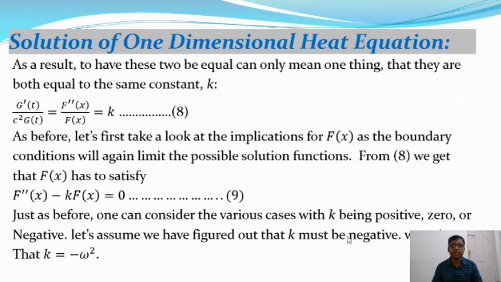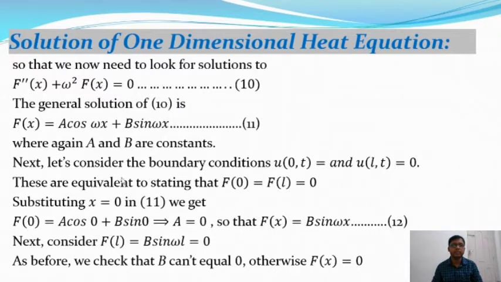So here we take k to be negative, so we can write k is equal to minus omega square. Okay, so from equation 9 we get f double dash x plus omega square into f of x is equal to 0. And this is the second order differential equation of the function f of x, and we can write it as equation number 10.